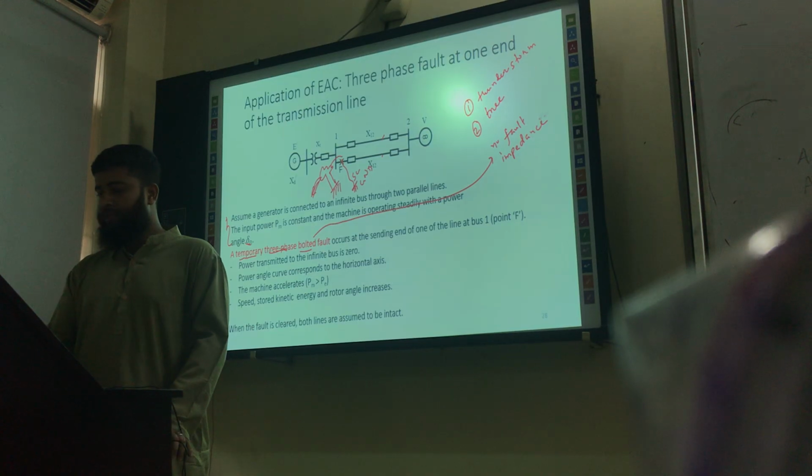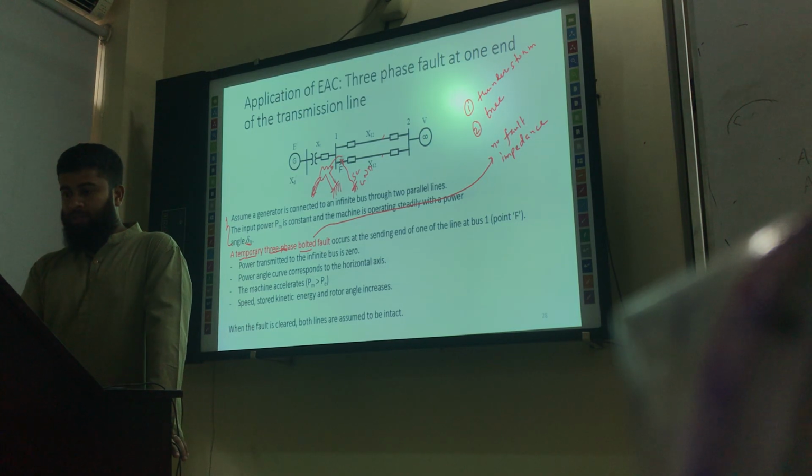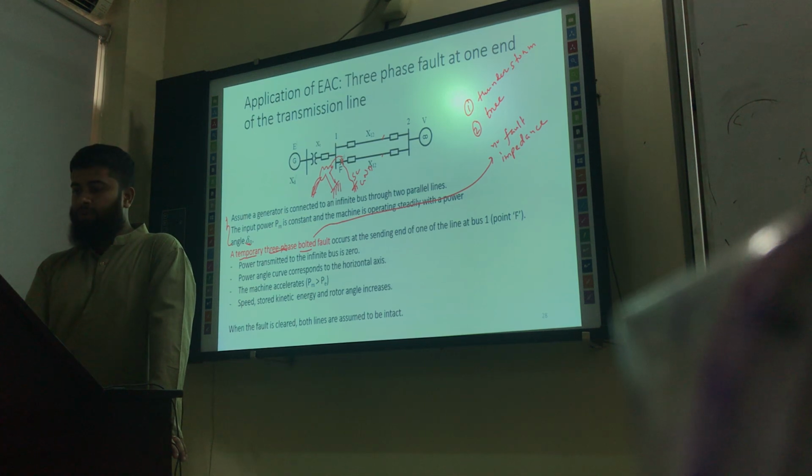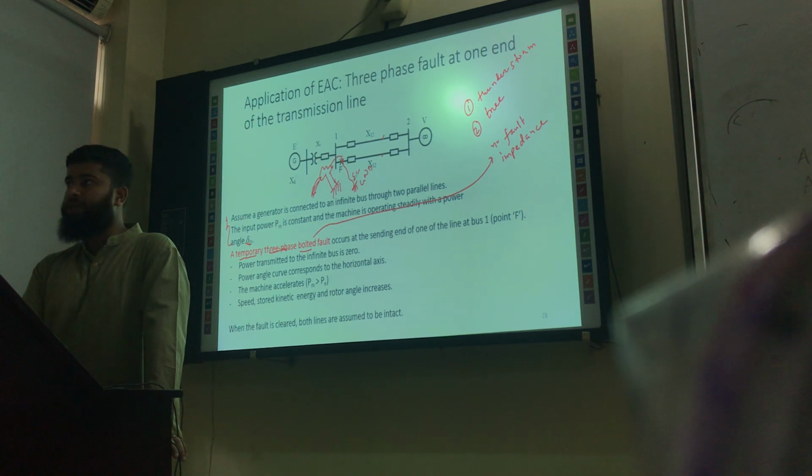Let's say this is the point where the fault is occurring, and from this point to ground there is a short circuit path. This is our path for the fault, right? In this path there is no impedance. If this is the case, that is called the voltage fault.